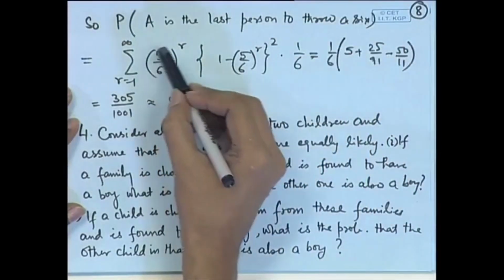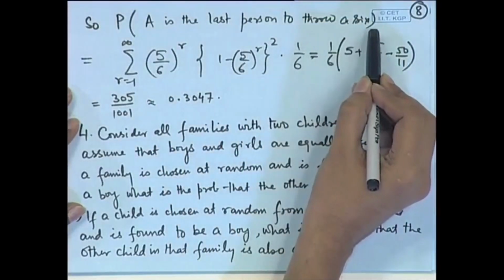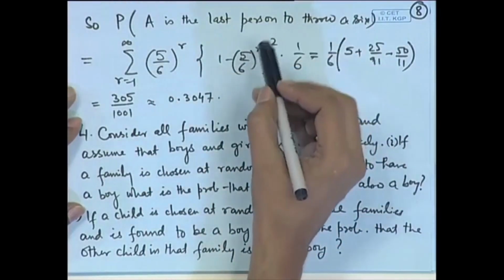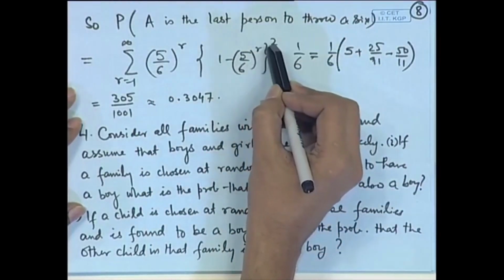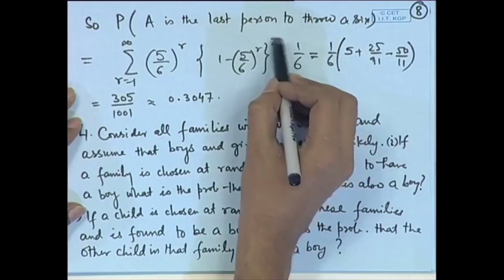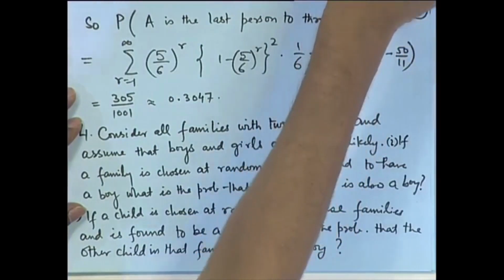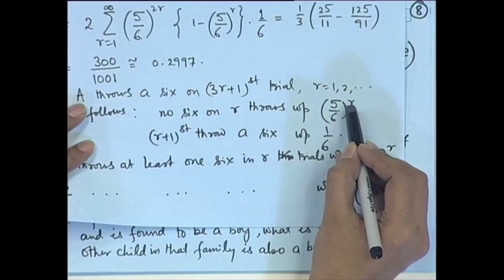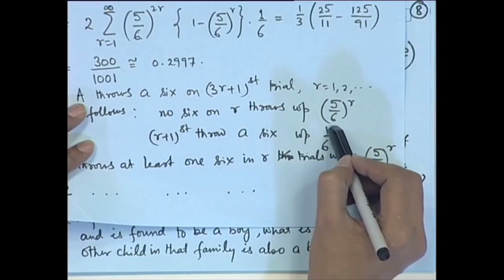So, if we consider the probability that A is the last person to throw a 6, that will be equal to 1 minus 5 by 6 to the power r, 2 times. So, it is a square of this, and then we consider the probability that A has no 6 up to the rth trial, and the 1 by 6 on the r plus first trial.